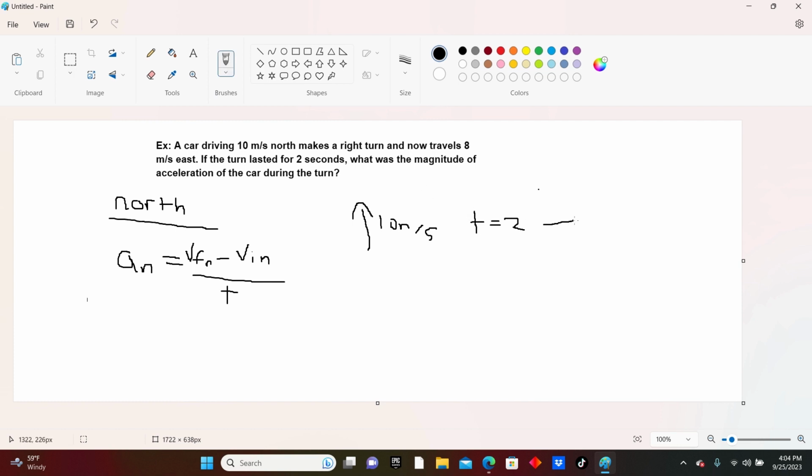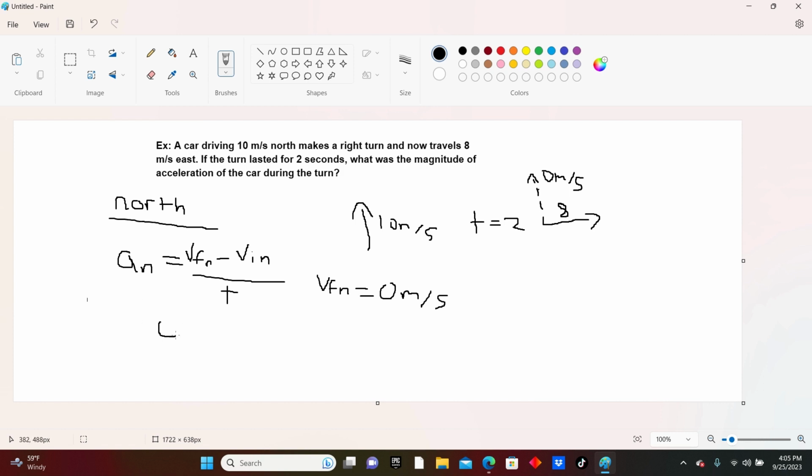It's completely going in the east direction, horizontal. So that means that the velocity in the north direction has to be 0 meters per second because it's not even going in the north direction. So after 2 seconds, the final velocity in the north direction is 0 meters per second. Now we can plug in our values.